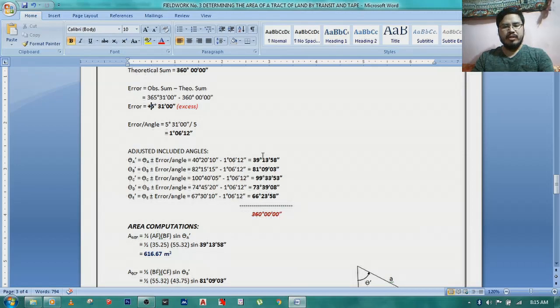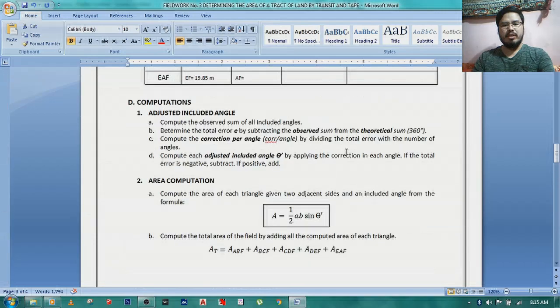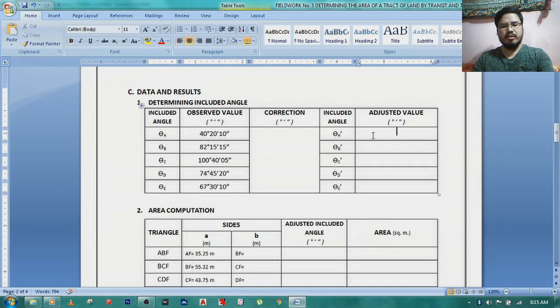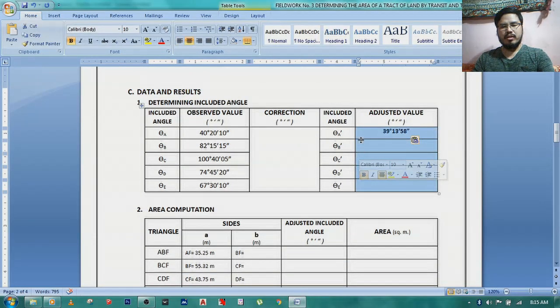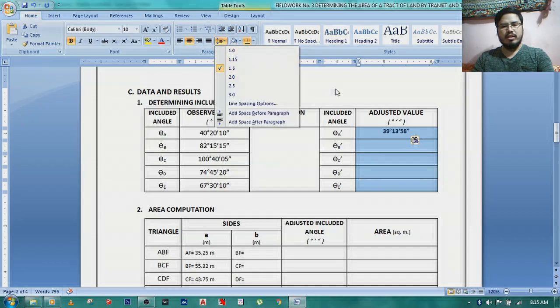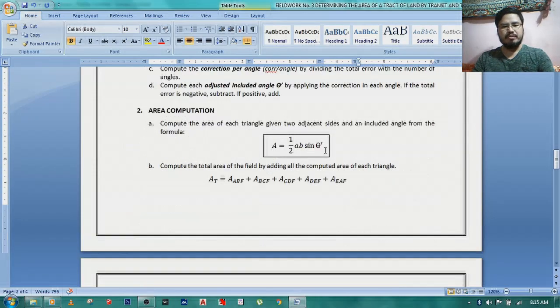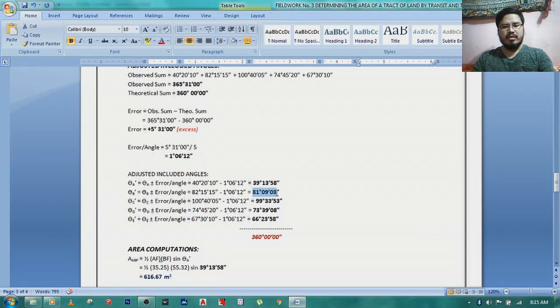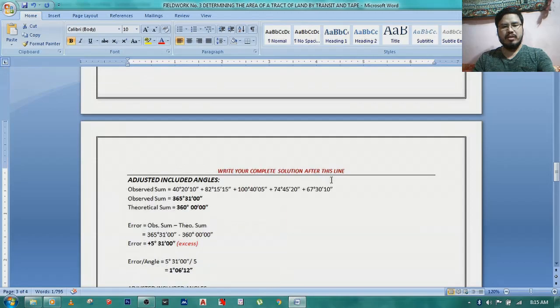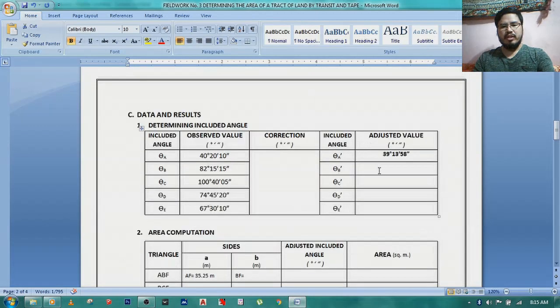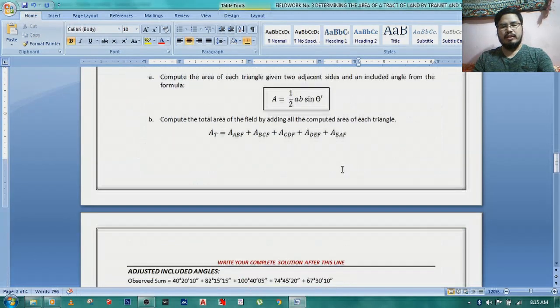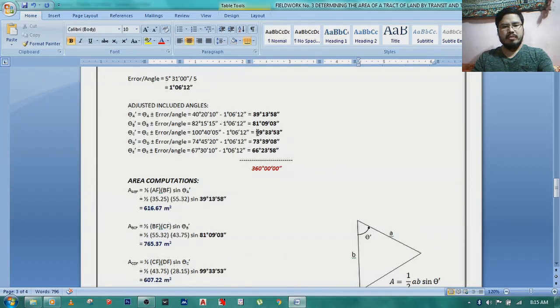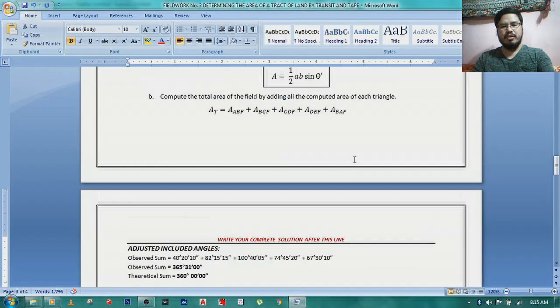Afterwards, you are going to copy this one here. Let me just adjust this space. So we have here the adjusted angle B, we have 4.